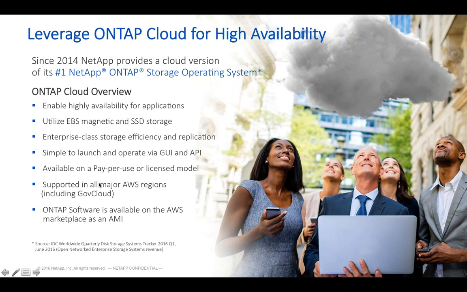Just because you're running a high availability environment doesn't mean it's going to impact your ability to address those needs as well. As I said, a simple GUI to manage all of this, and I'll touch on that in our demo in a moment. And then being able to deploy this in the model that best fits your infrastructure: a pay-as-you-go or pay-by-the-hour type of solution where you're handling that through your Amazon account, or purchasing licenses.